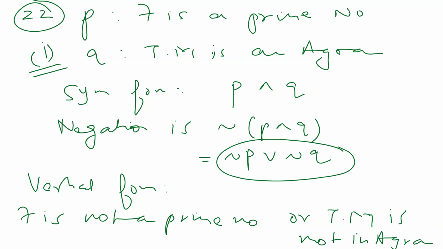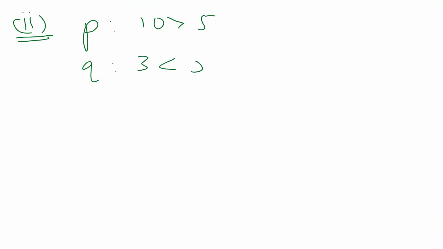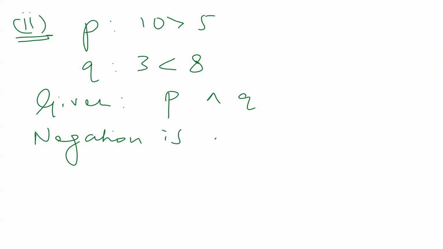Second one, I hope everybody has copied this. P is 10 is greater than 5, Q is 3 is lesser than 8, given P and Q. Negation is, so verbal form.